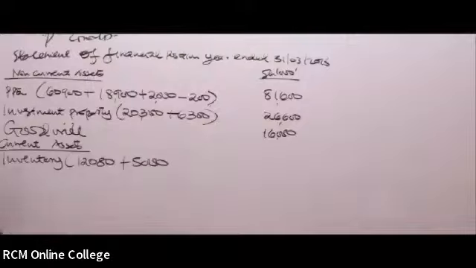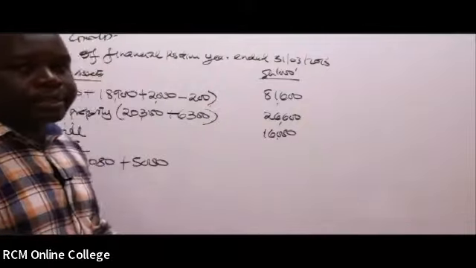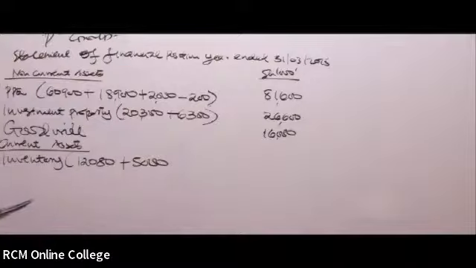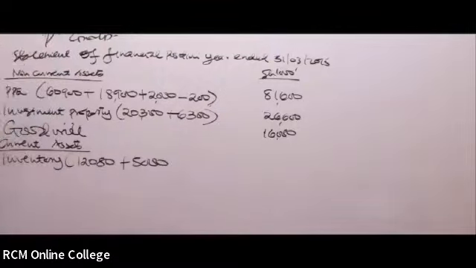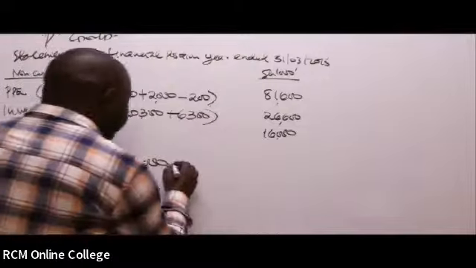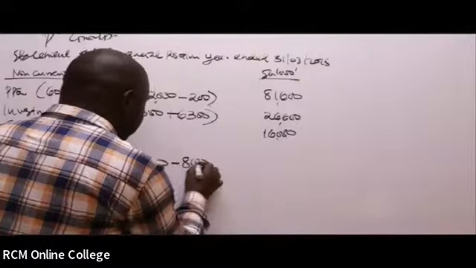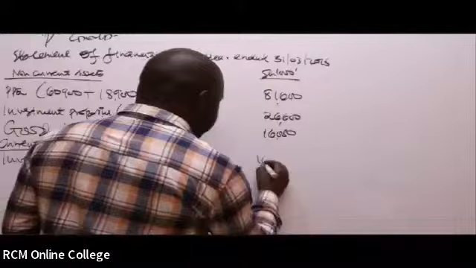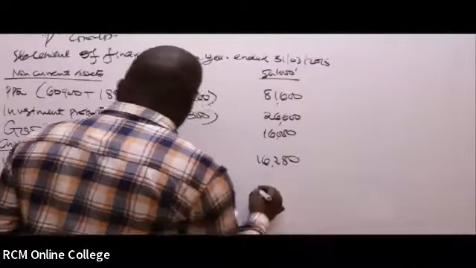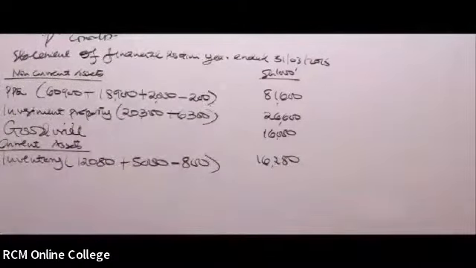Then we do what, Valerie? Byron, we do what? We less the URP. Is it 800? It was how much? 800. So we less 800. Don't forget. So you'll get in this case 16,280.